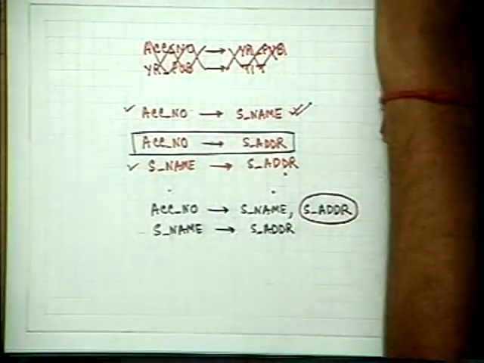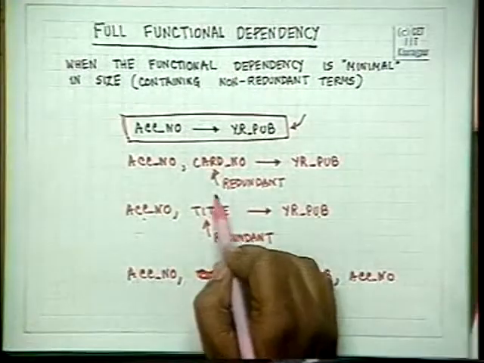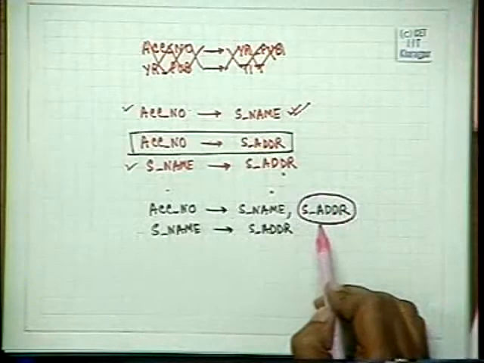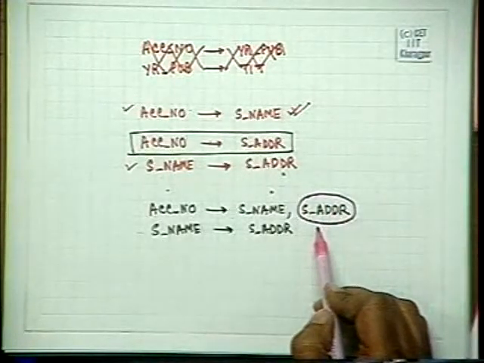So, we had an example before where on the left hand side something was redundant. Now, we have an example where something on the right hand side is redundant.